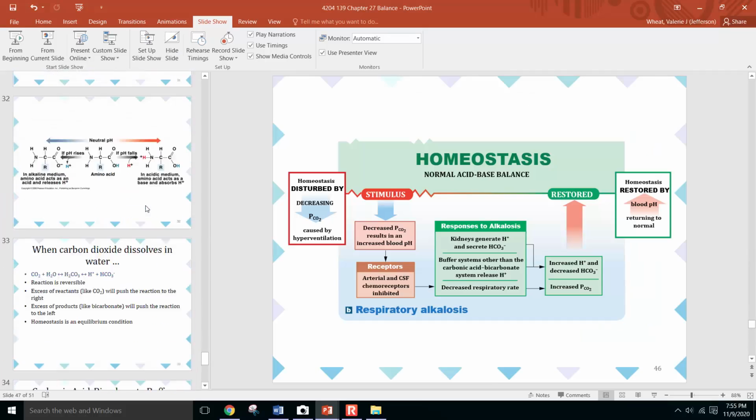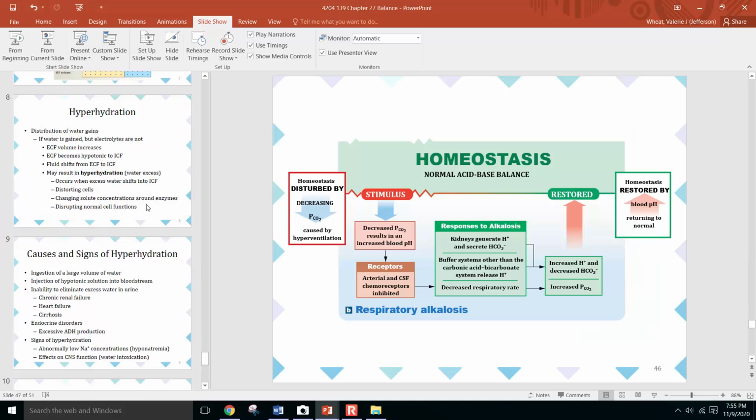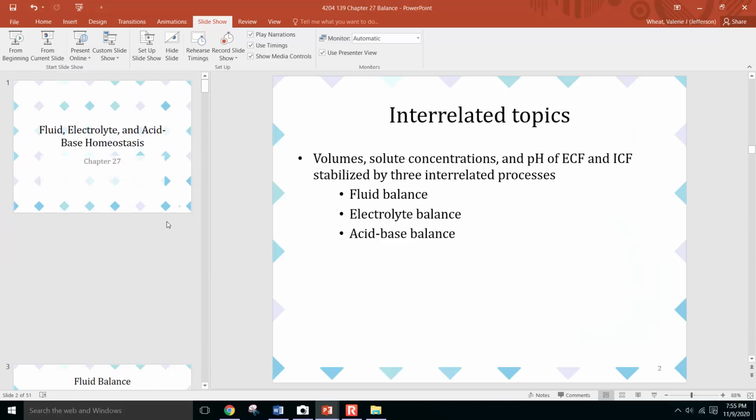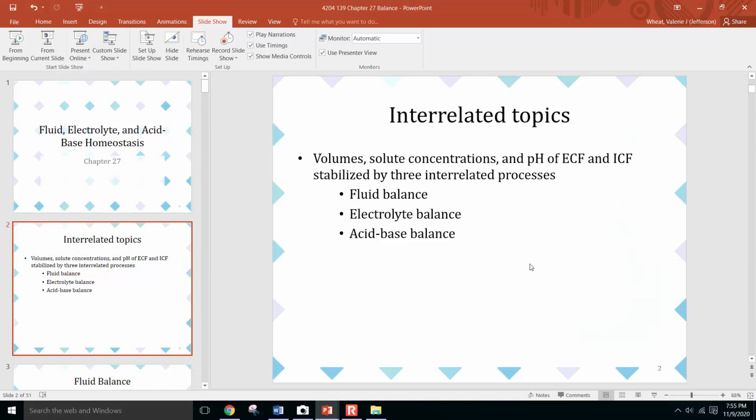Okay, so we've had 3 lectures that go through and talk about these 3 ways that we can have homeostasis in these systems in the body. So first we started with fluid balance. How do we maintain body fluid homeostasis?